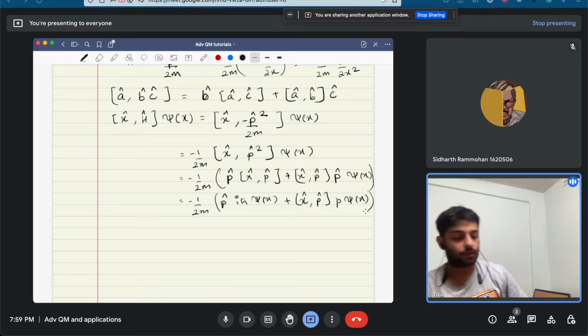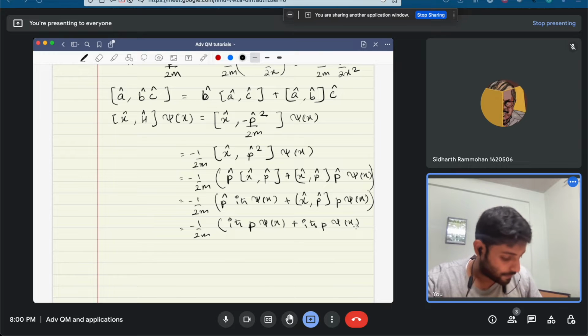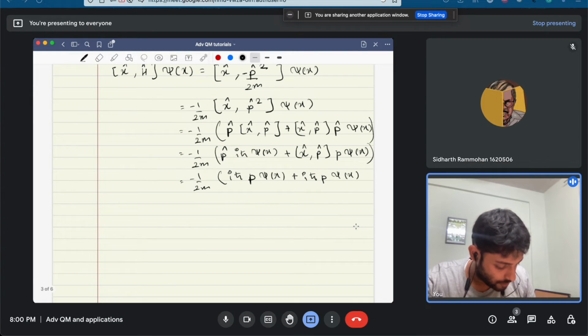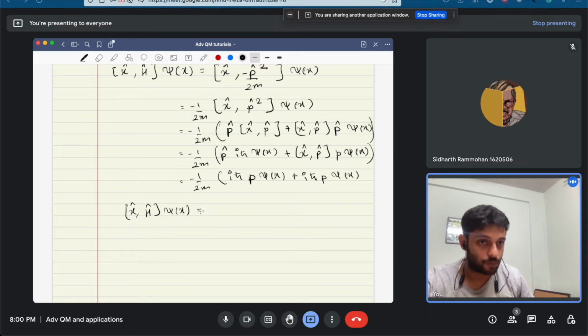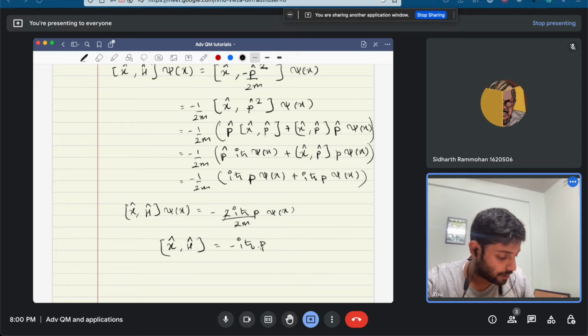Now x comma p will act on psi of x, so we end up with i h bar p psi of x plus i h bar p psi of x, and the ultimate result, as you can see here, is x comma H psi of x equal to, we have twice, so these two are the same, minus 2 i h bar p by 2m psi of x, 2 cancels out, and taking out the psi of x, ultimately this commutator relation corresponds to minus i h bar p by m.